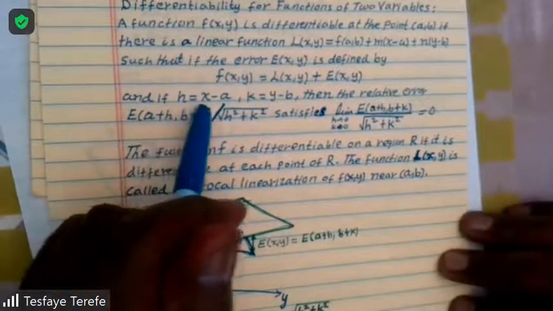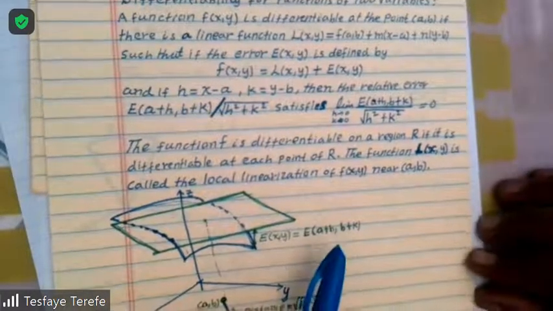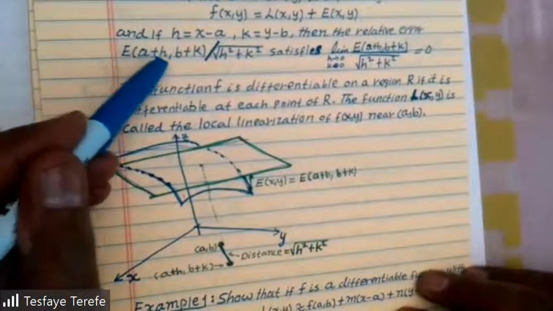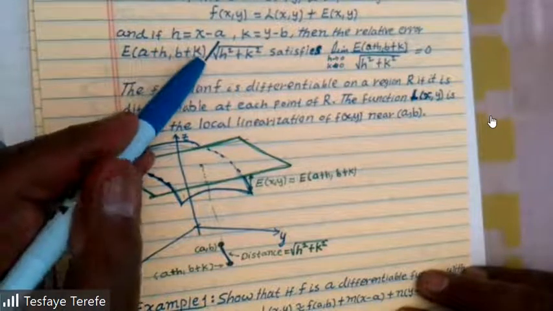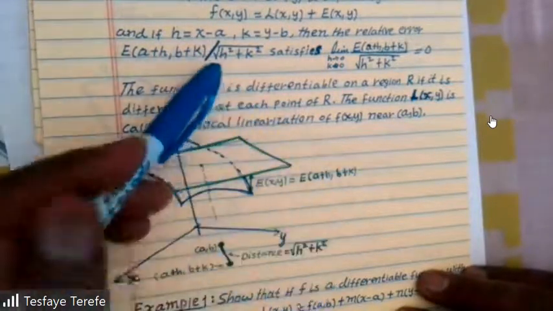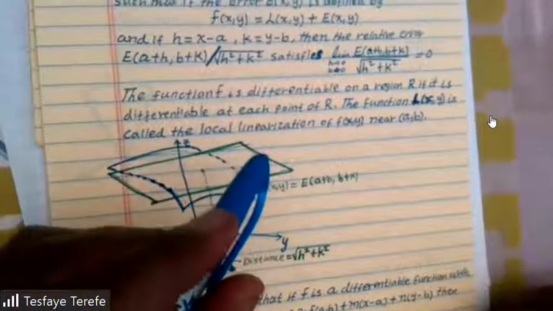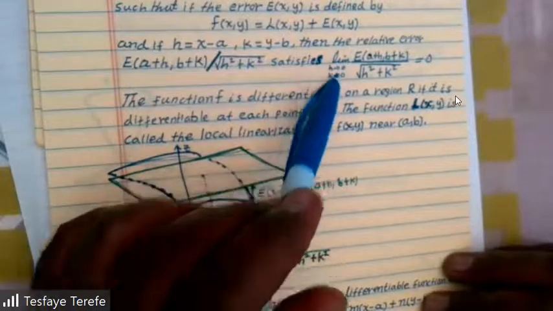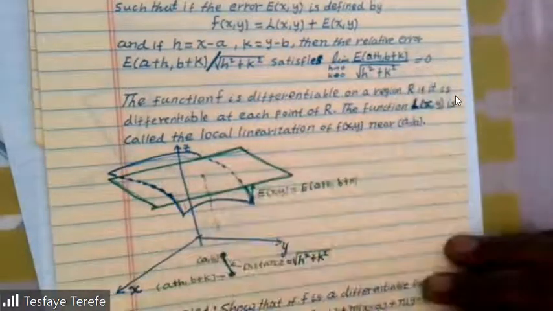If h equals x minus a and k equals y minus b, then the relative error is E of (a plus h, b plus k) divided by the square root of h squared plus k squared. That will be satisfied because, if linearization is taking place, as h and k approach 0, the limit has to approach 0.